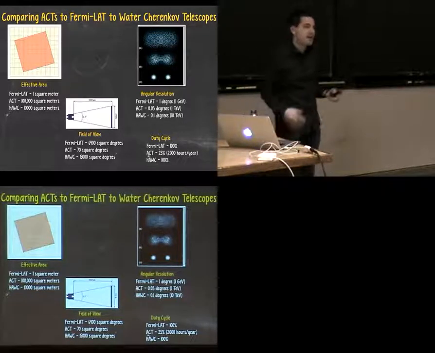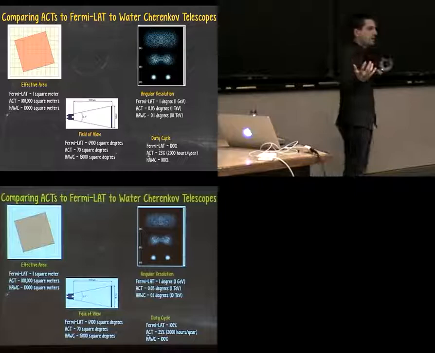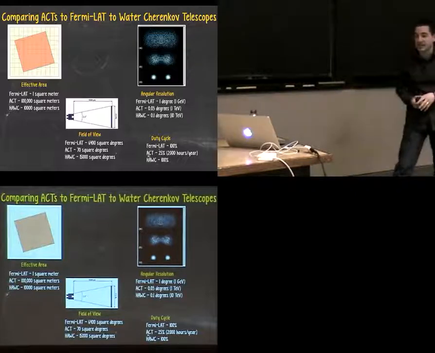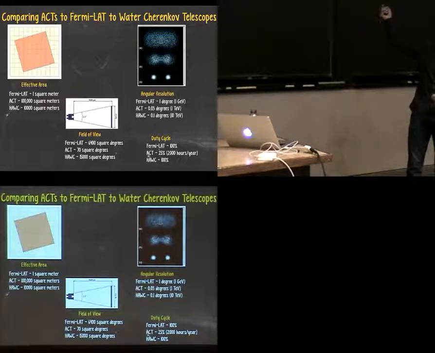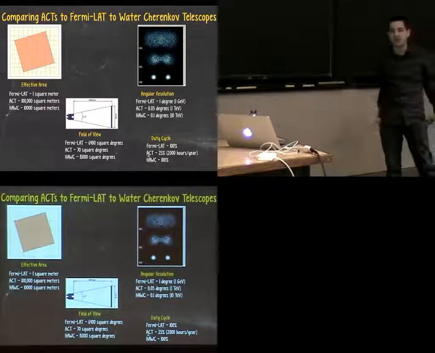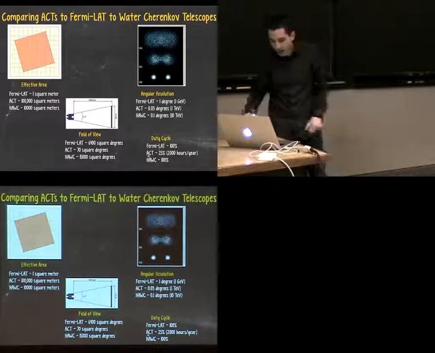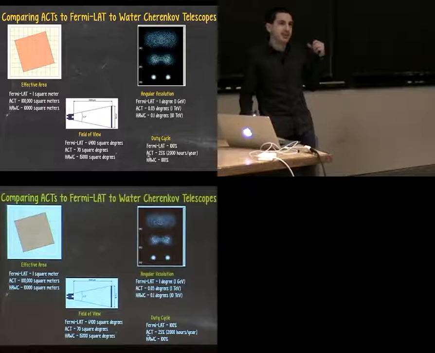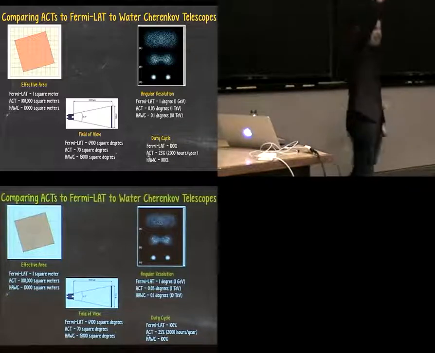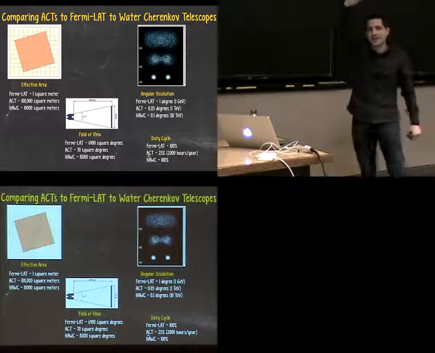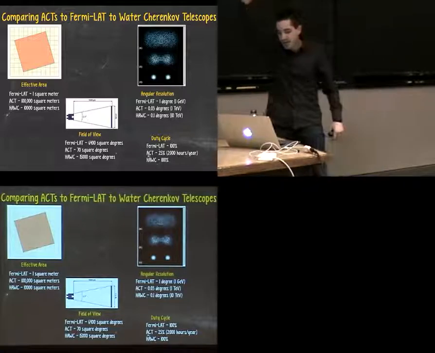Lastly, you have a kind of duty cycle, which is how often this telescope is working and taking data. Fermi LAT is in space and it's always taking data. It just points in different directions and tries not to point at the sun too much. ACTs only work when it's dark because they're looking for this light bulb that's 100 miles away, and if it's sunny outside, that doesn't work so hot.